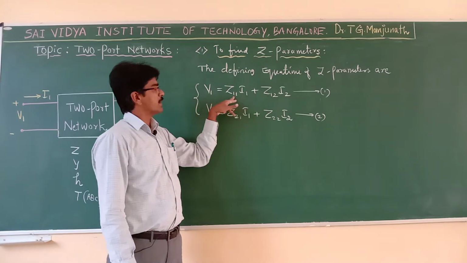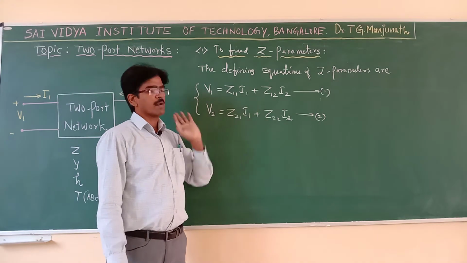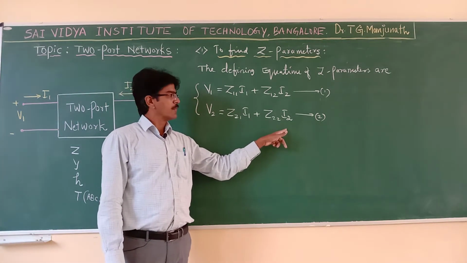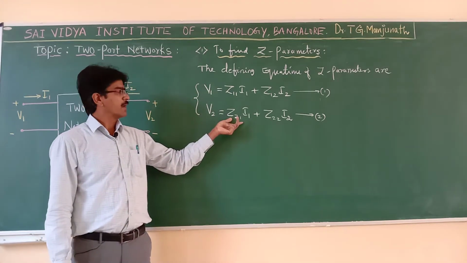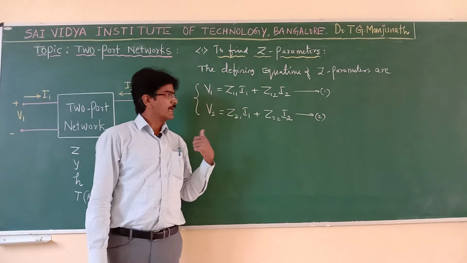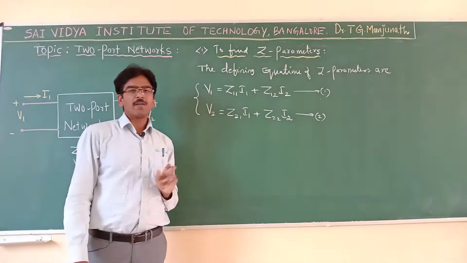Once I2 is 0, I get Z11 is equal to V1 by I1. Similarly, in the second equation, if I again make I2 0, I can find Z21 is equal to V2 by I1.